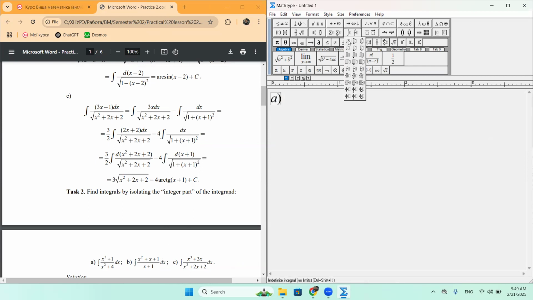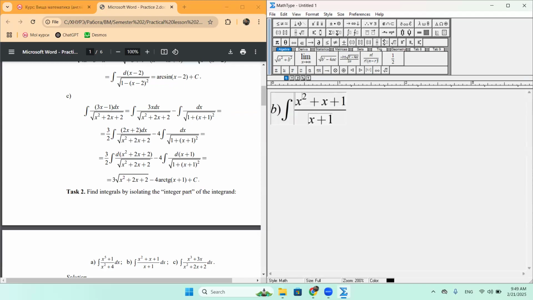So for some cases we have incorrect fractions. Okay, I will better skip A, so B will be more convenient to show you how to do it. So it needs less calculations, and I will show you how to solve it.